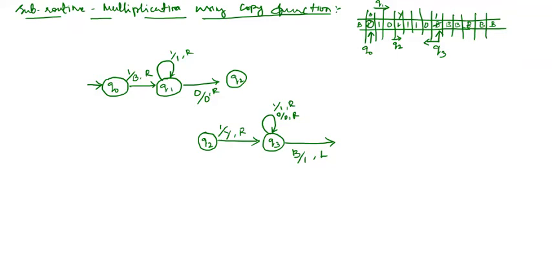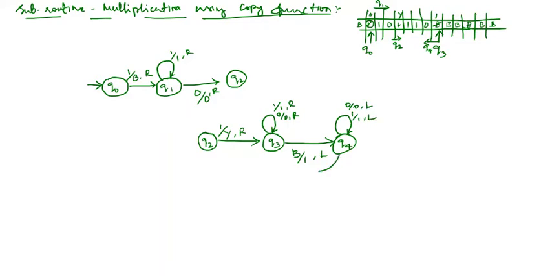Now it has to come back, as q4. As q4 it will be coming back. Now I have to read a y to read the next one and copy that into here. In between I can read any number of zeros and come to the left, any number of ones and come to the left.